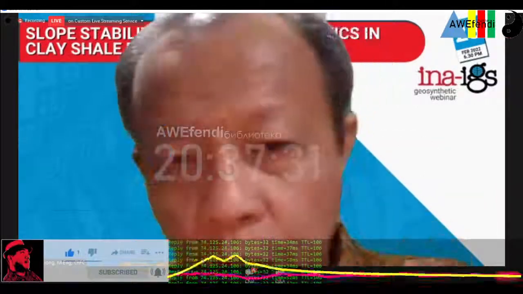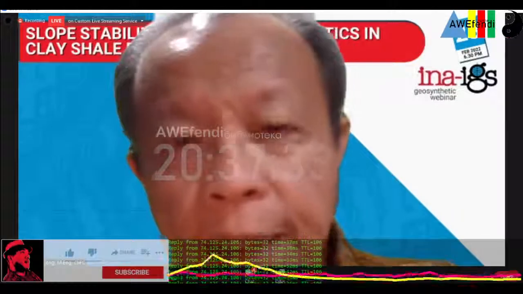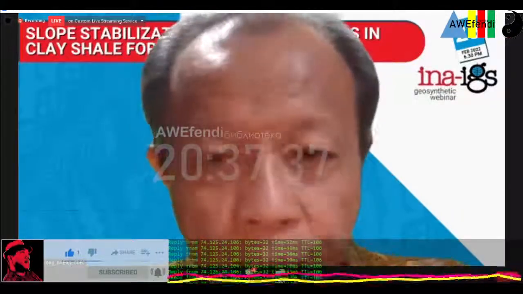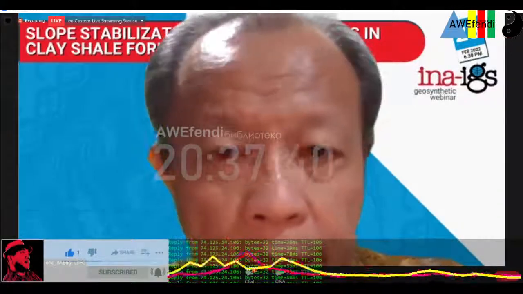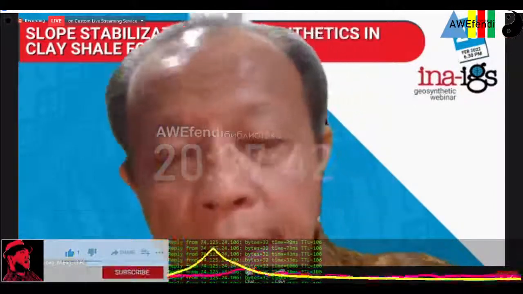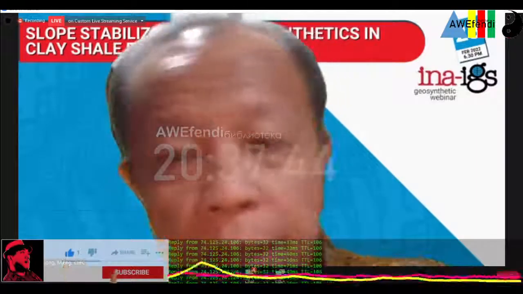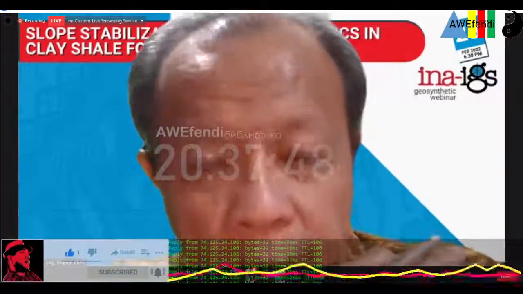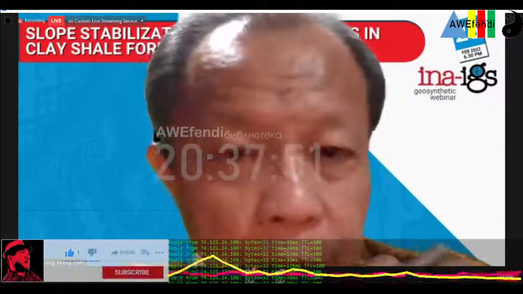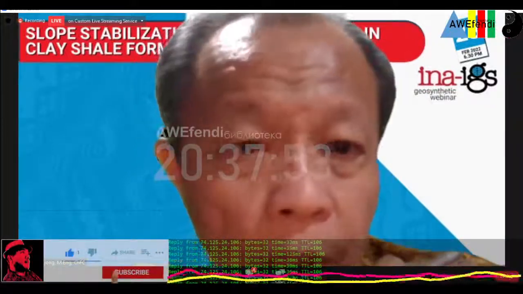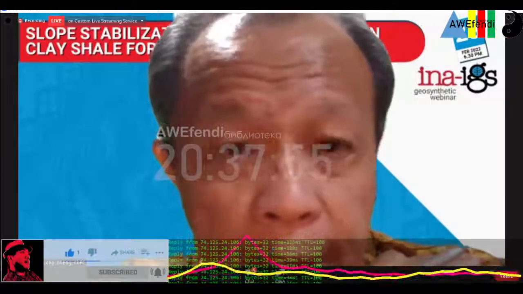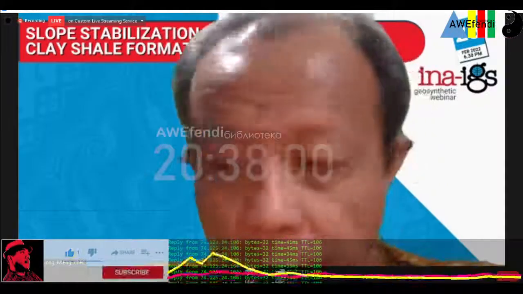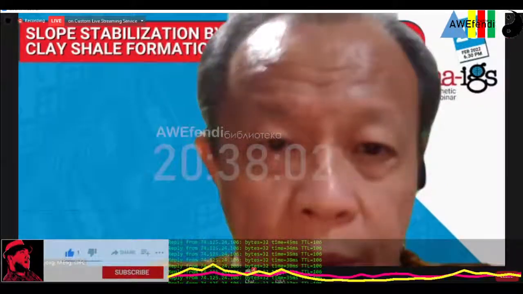By the way, clay shell formation is also found along the Cipularang area and in Hambalang, nearby Jakarta, and quite a lot actually. On Jawa Island, some of it we also have. What I can answer is around 2 weeks to about 3 months. It depends also on the slope and on the construction you build.